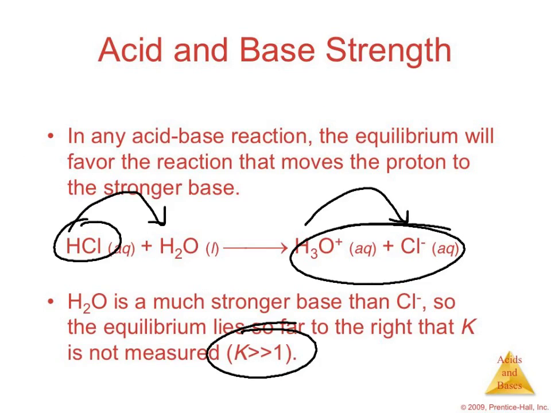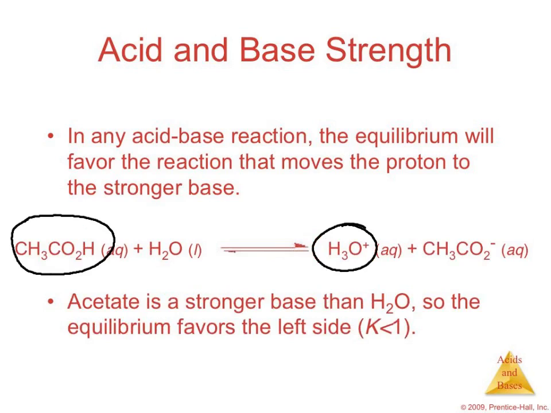Okay, so what that tells me, based on that chart, is it's more likely that the strong base and the strong acid are going to react, and the strong base and strong acid are both on the right side on this one. Okay, so it's likely that this H3O plus is going to give a hydrogen to the CH3CO2 minus, and it's going to push the equilibrium back this direction.